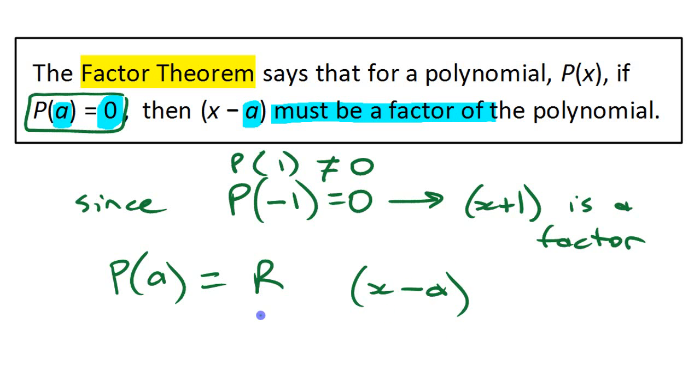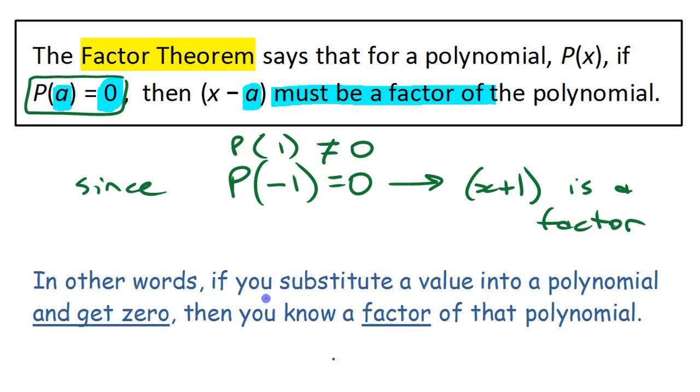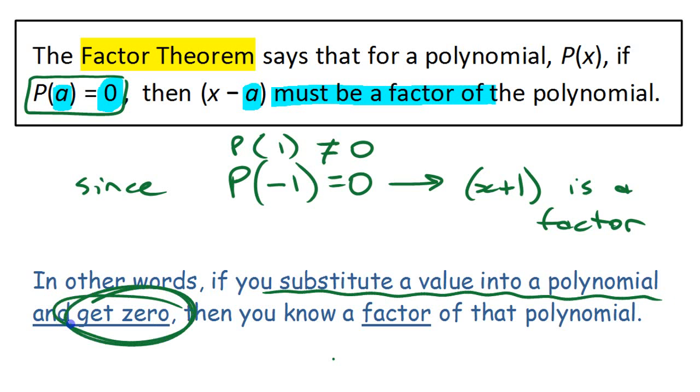If you happen to get 0, then you know that there's 0 remainder, which means that's a factor. All right? So in other words, if you substitute a value into a polynomial and get 0, then you know a factor of that polynomial. You've found one factor. And once you've found one factor, you can break down the rest of it.